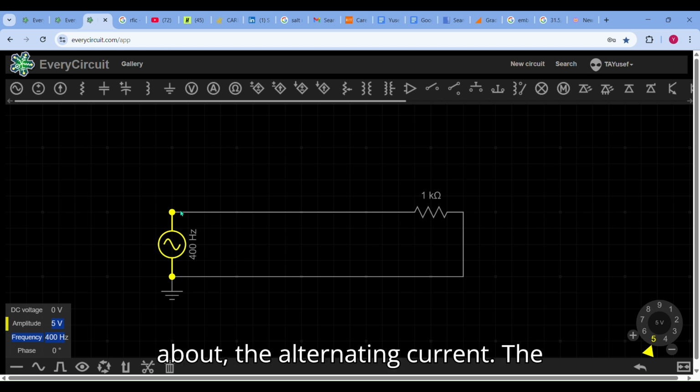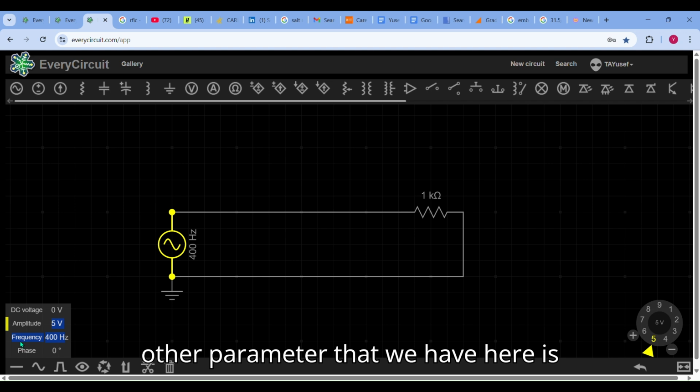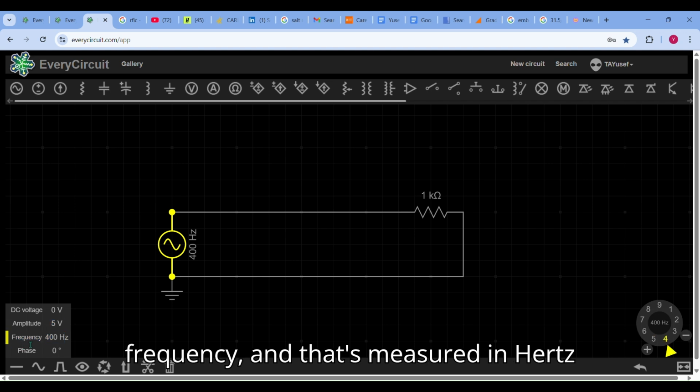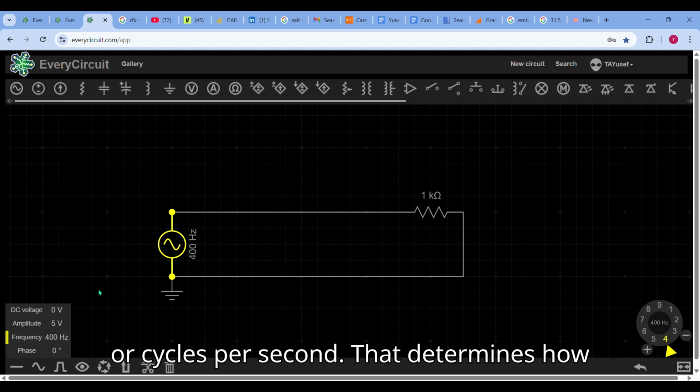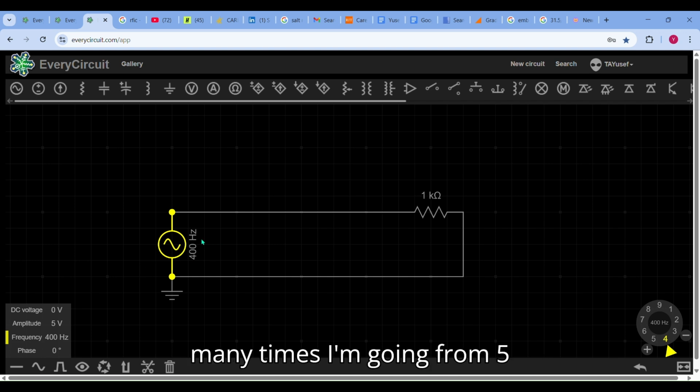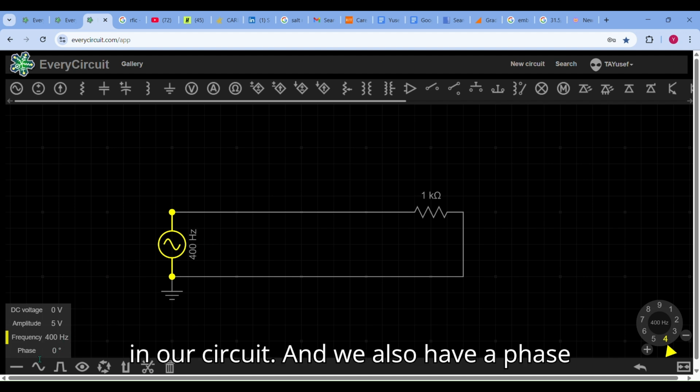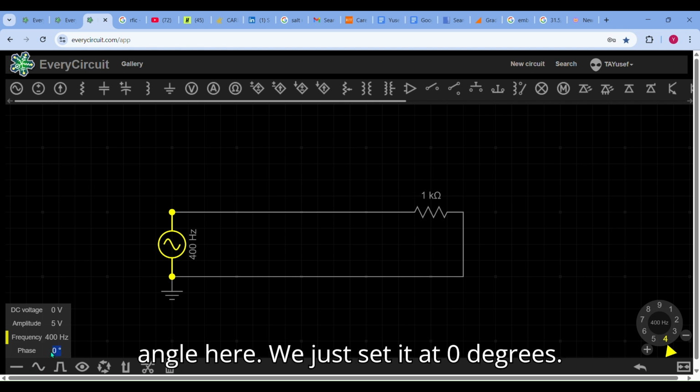That's what AC is talking about, the alternating current. The other parameter that we have here is frequency, and that's measured in hertz or cycles per second. That determines how many times I'm going from 5 to 0, 0 to negative 5 in a second. So 400 hertz isn't that fast of a frequency, but it will let us see a lot in our circuit. And we also have a phase angle. Here we just set it as 0 degrees.